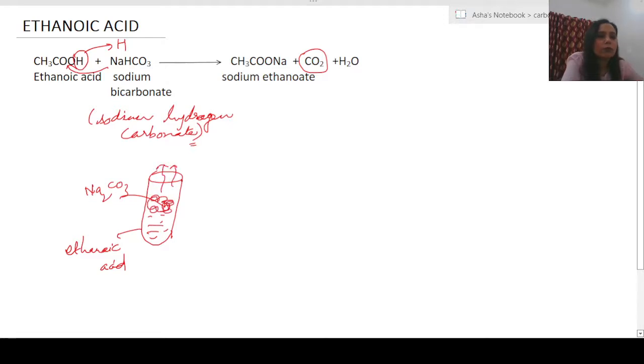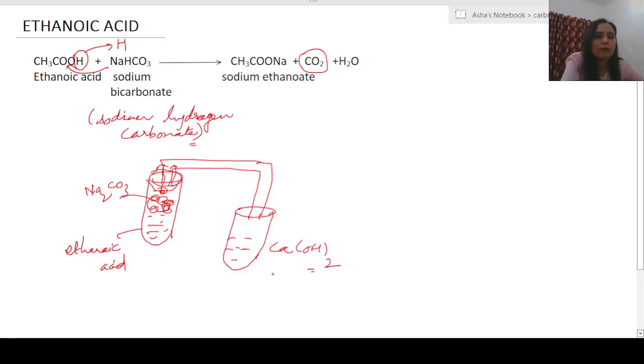Now we will put a cork here, and you can attach a passing tube. This passing tube enters another test tube which has lime water in it. The lime water is Ca(OH)2. So what will happen?